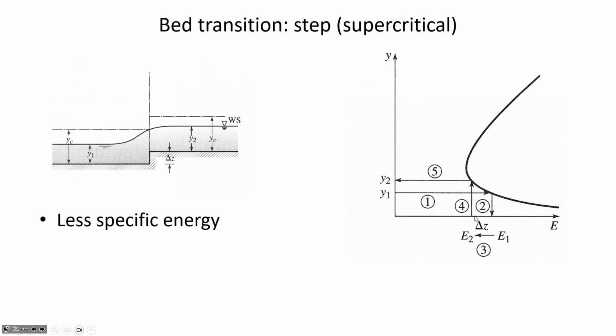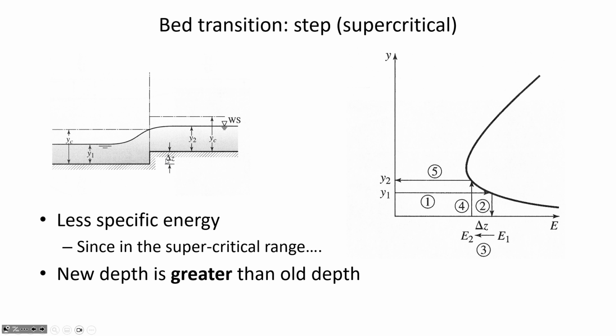Delta Z reduces the specific energy, back up to the curve, and of the 2 crossing points, we choose the shallower of the 2 because it was supercritical at 1. Then over to the y-axis, y2 is a deeper depth than y1 was. Because conditions initially were supercritical, the water's actually going to get deeper after going up over that step. So we're in the supercritical range. The new depth is greater than the old depth.